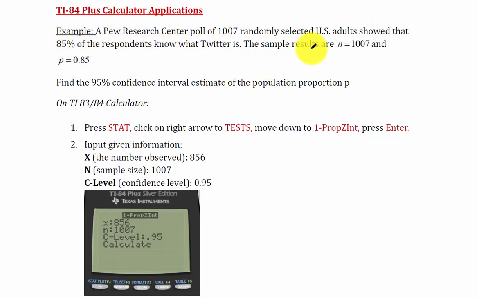The sample size was 1,007 people, and the point estimate in this case is p hat equals 0.85. Now, find a 95% confidence interval estimate for the population proportion p.